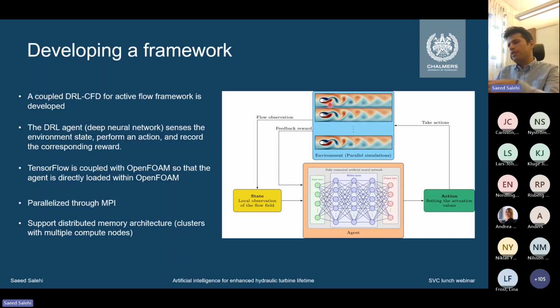That is of course used, but handling different CFD simulations at the same time. And the parallel library MPI is used. The reason that I use MPI here is so we can have support for the distributed memory architecture, or simply when you have a cluster with different nodes.